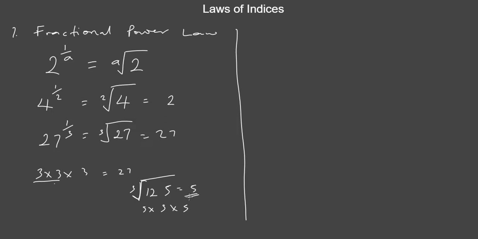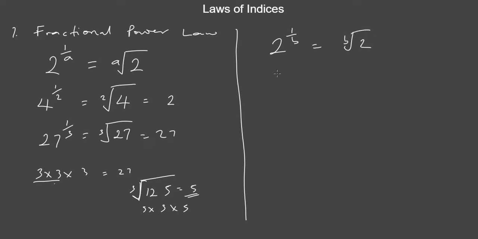So the point I'm stressing is when you are dealing with a fractional power, you can just convert it into roots. And the root number depends on the number at the denominator. But note that the numerator has to be 1. What I mean is this. If I have 2 raised to the power 1 over b, then I can just say the bth root of 2.